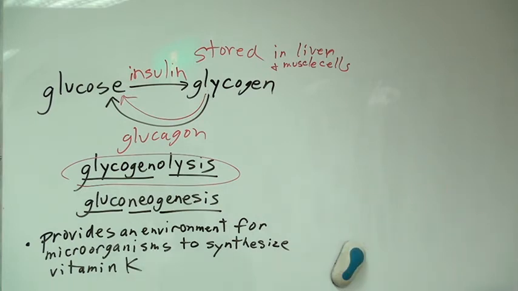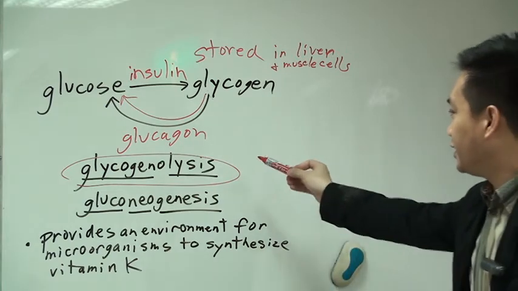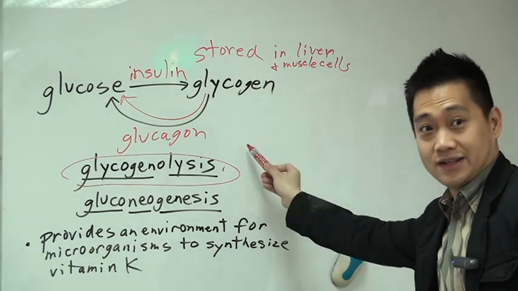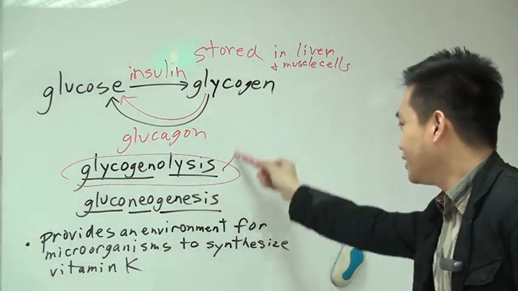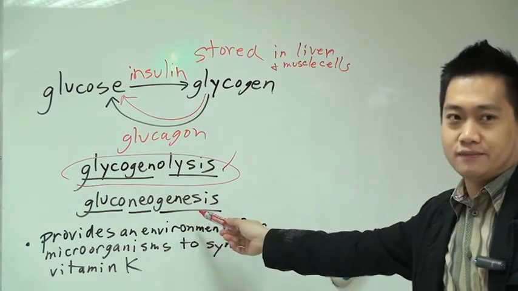These are the two processes the body does whenever you don't eat. You remember the body needs constant energy, right? But if you don't eat, where does the body get the energy? From these two processes. This one comes from glycogen, right? This one, what does it mean?